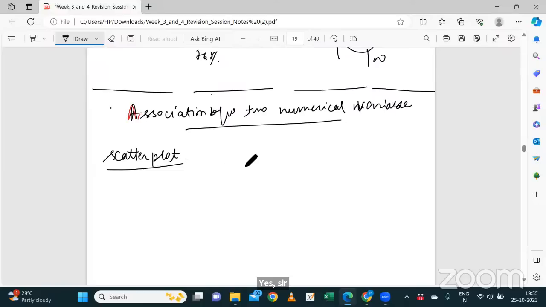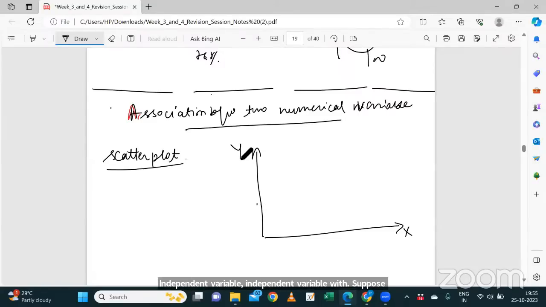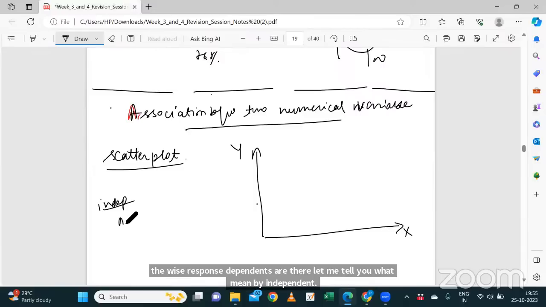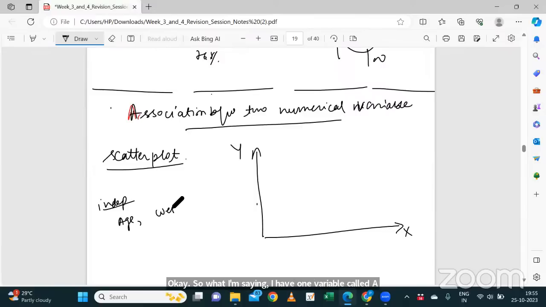So scatter plot is a very good thing to give a quick idea for comparing two numerical variables. One variable we are plotting on the x-axis, the independent variable, and the other on the y-axis, the response variable. Let me tell you what I mean by independent. Suppose I have one variable called age and one called weight.